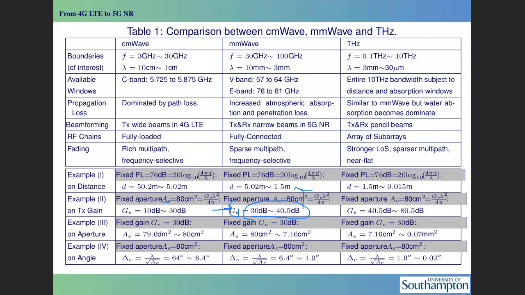However, I also said that one of the reasons millimeter wave wasn't widely used in wireless communication before was that it was difficult to manufacture.